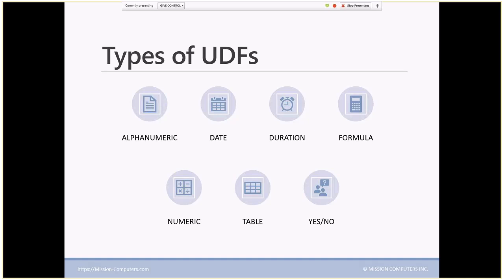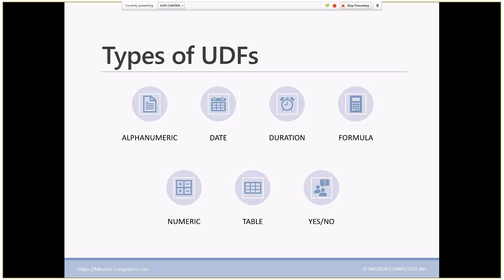My formula could say add daughters, sons, and pets. Okay, like I said, it's a very silly example, but you get the idea. Whatever formula you can think of for adding, subtracting, dividing, multiplying, you can do, but again, it has to be based on a numeric field you already have in Maximizer.